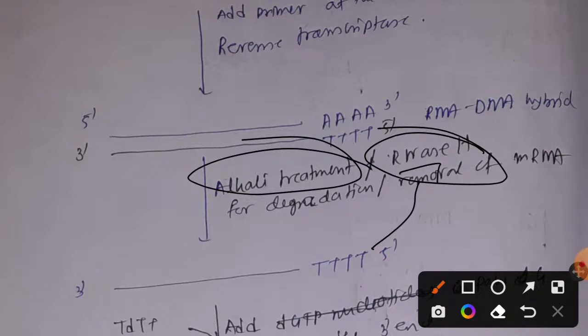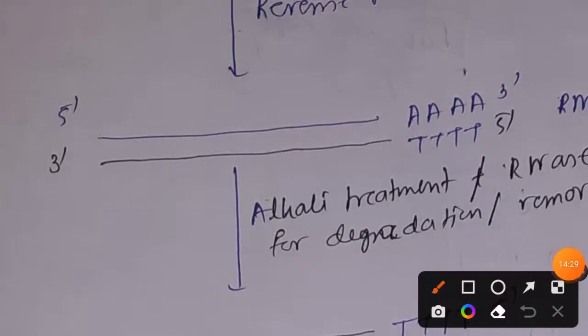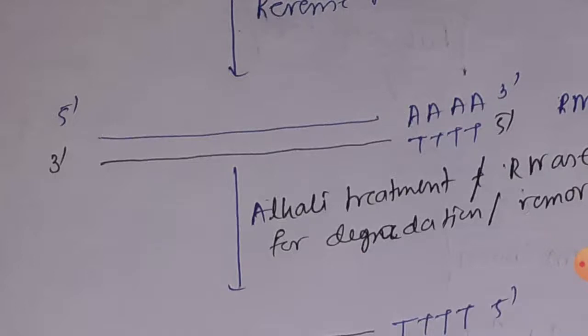Not only that, retroviruses, for example HIV, also use RNase H. So RNase H will remove that poly A tail containing mRNA. Now we have only a single stranded cDNA molecule.